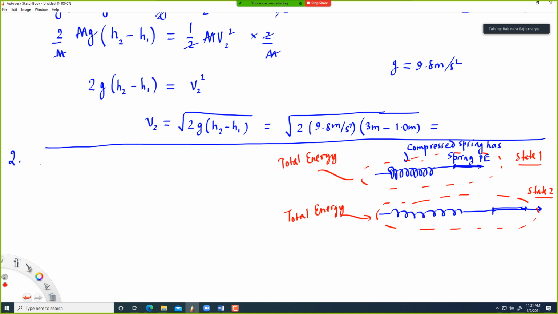So total energy at state 1 is equal to total energy at state 2. Okay, so this is from conservation of mechanical energy.